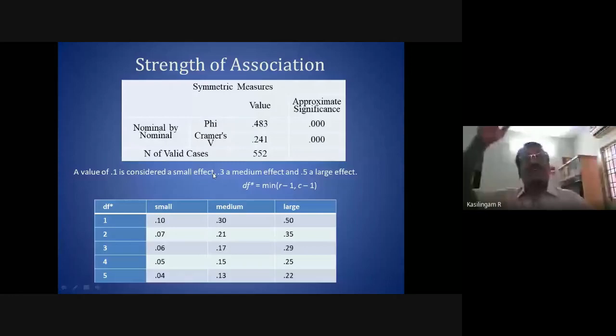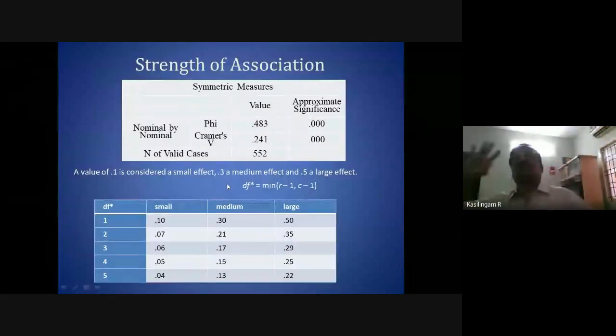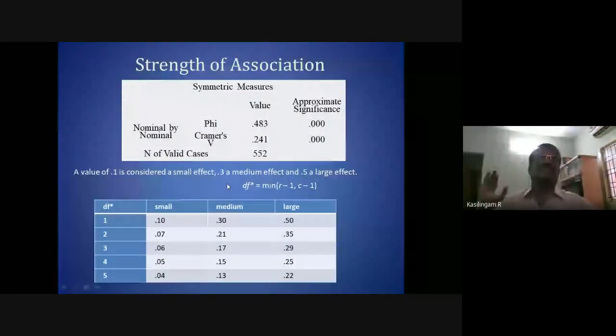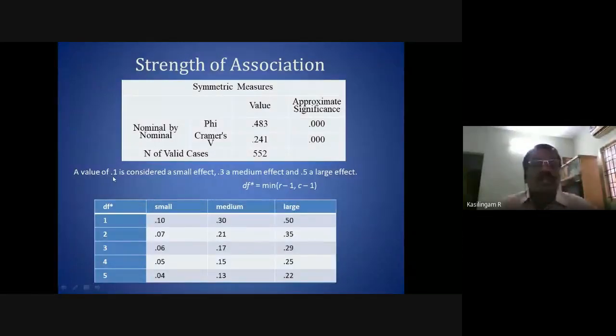Whatever I have given in the documents, what is available in Naresh Malhotra, that page output I have also given there. You can see, the value 0.1 is small, 0.3 is medium, 0.5 is large.